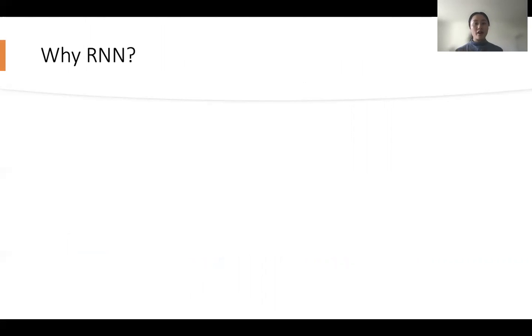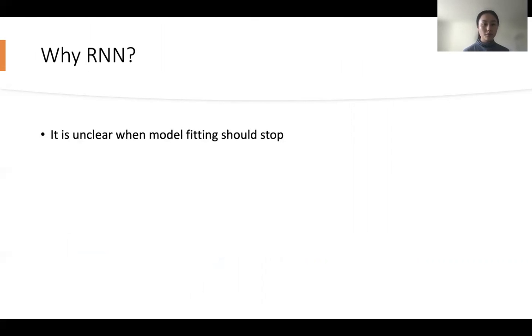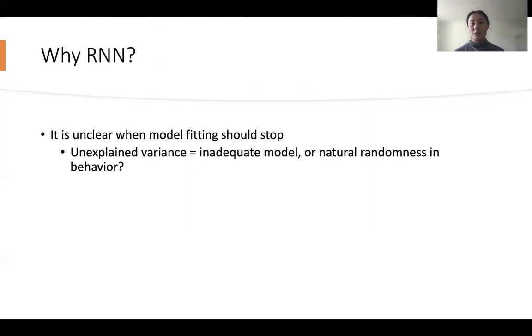Okay, so RNN is great, but why do we need RNN in precision psychiatry, and especially in this project? Often, if we want to fit a model to some behavioral data, it is unclear when model fitting should stop. If you fit a model to data, you get a pseudo R-squared, and you get some unexplained variance.